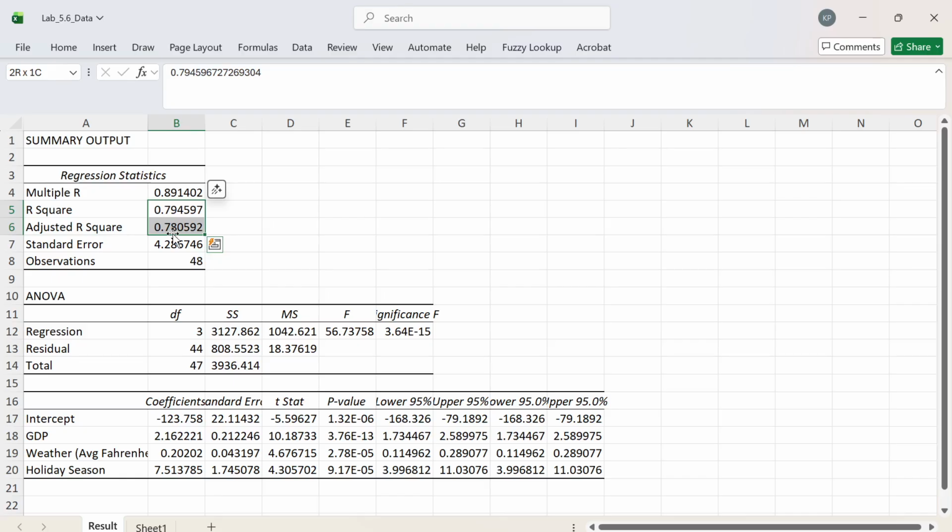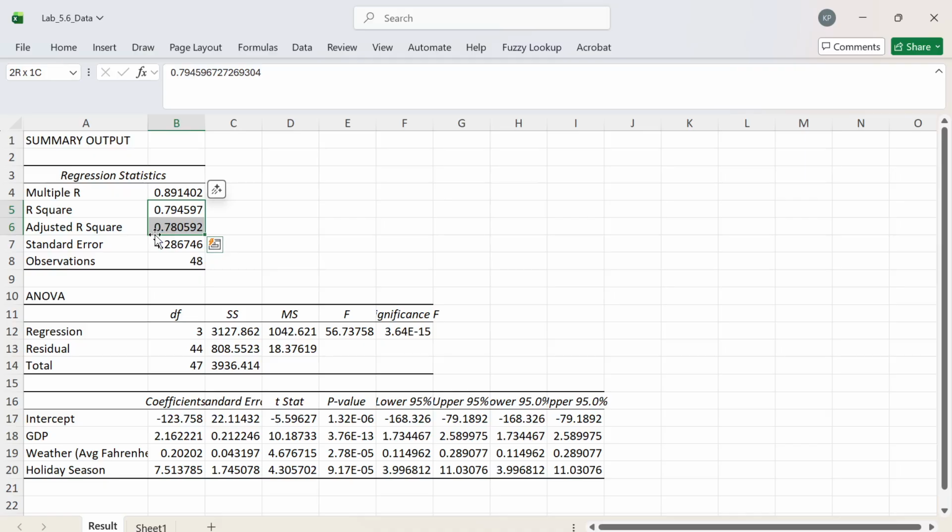An adjusted R square value near 0 indicates that the model has no ability to explain the dependent or outcome variable. For example, an adjusted R square near 1 indicates the model has perfect ability to explain the dependent or outcome variable.